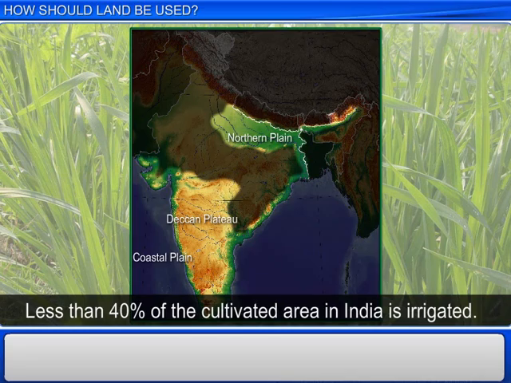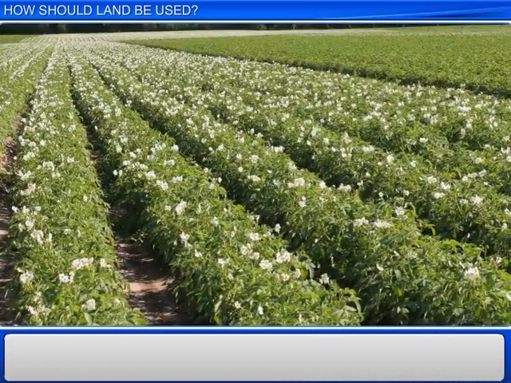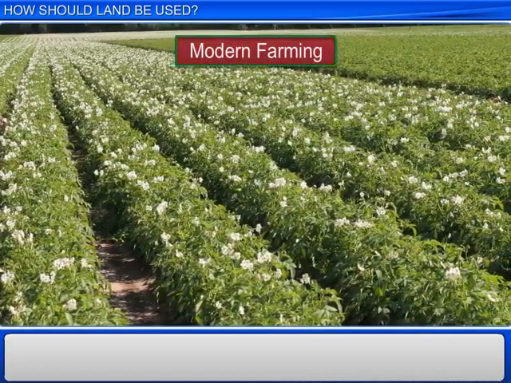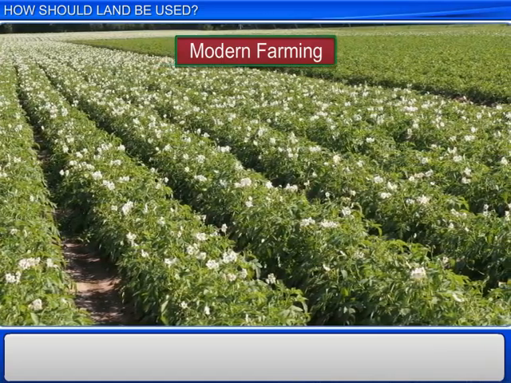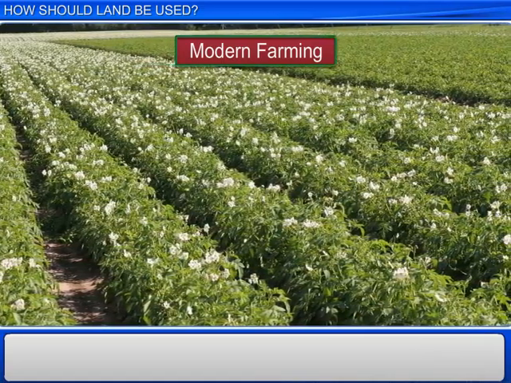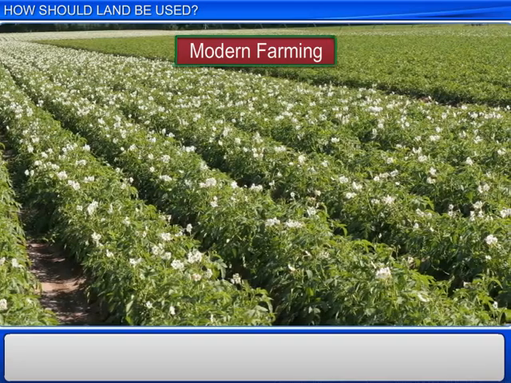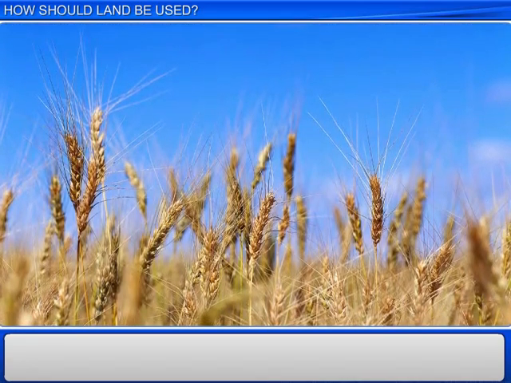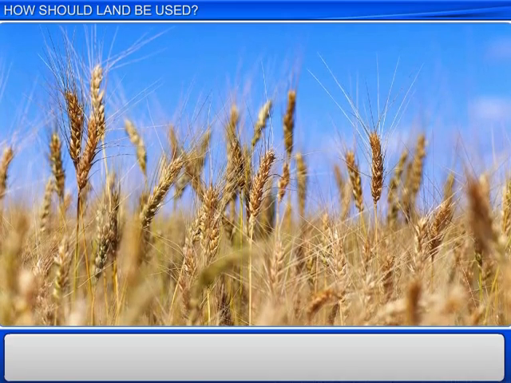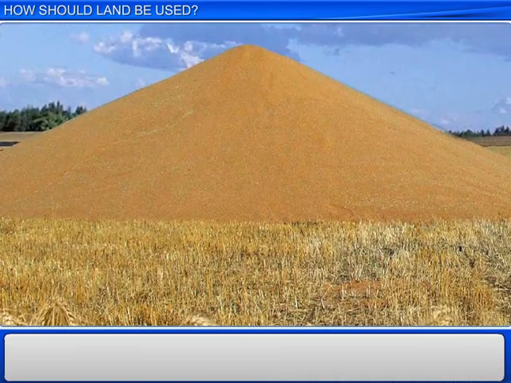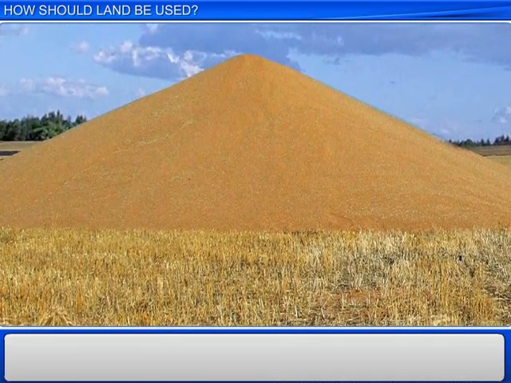Now let us learn about modern farming methods to increase farm production and how these methods are different from traditional methods of cultivation. Before we proceed, let us understand how farm production is measured. Farm production is measured as yield, which is the total quantity of crop produced on a piece of land in 1 year.